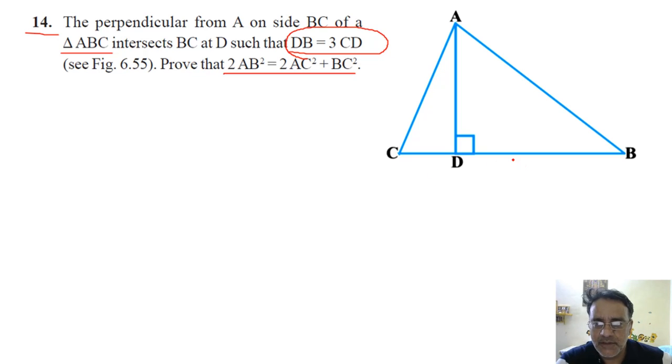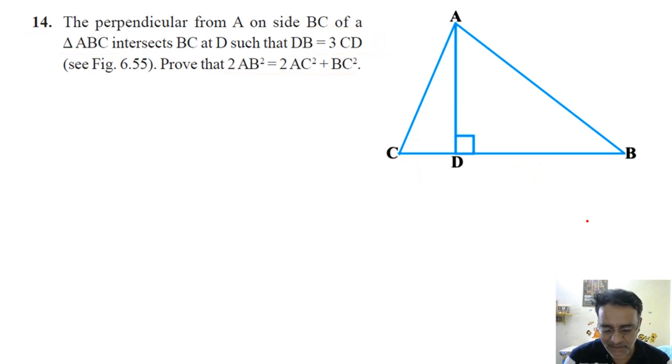Now DB is 3 times of CD. So if you add these two, you will get 4 times of CD, and that will be equal to BC. So that means we can write CD is equal to 1/4 of BC.